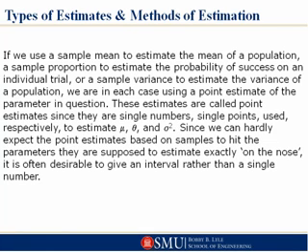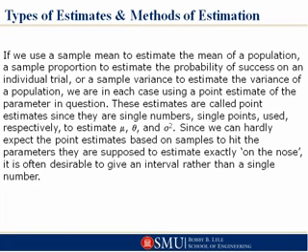These estimates are called point estimates since they are single numbers or single points being used respectively to estimate mu, the population mean, theta, on the previous slides, the true population proportion or probability of success, and the variance, sigma squared.